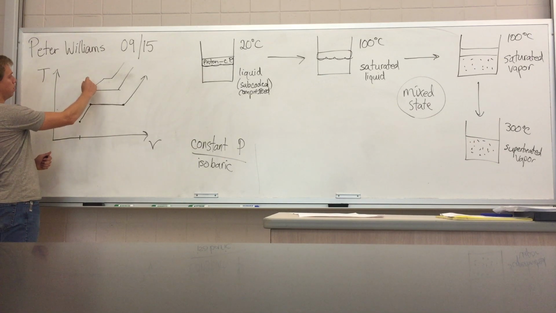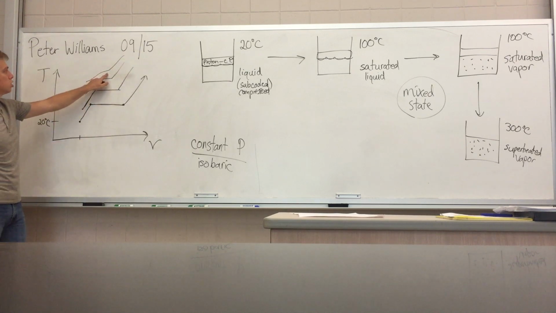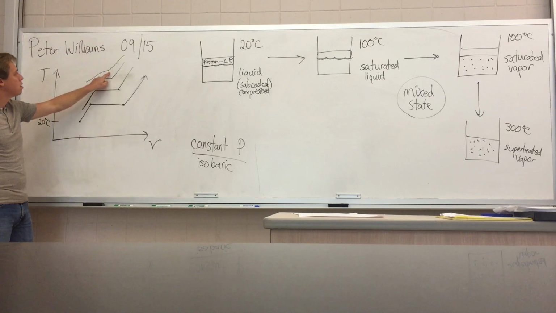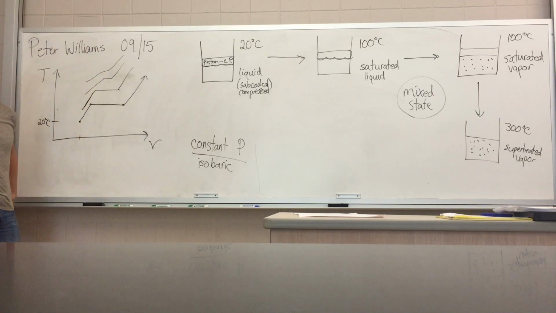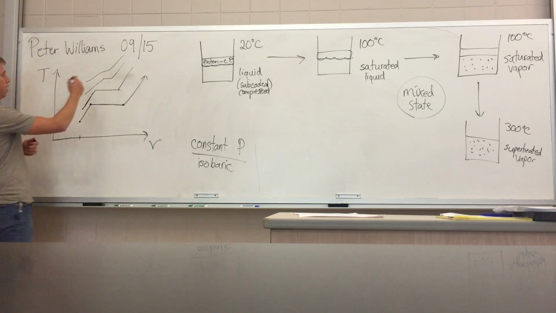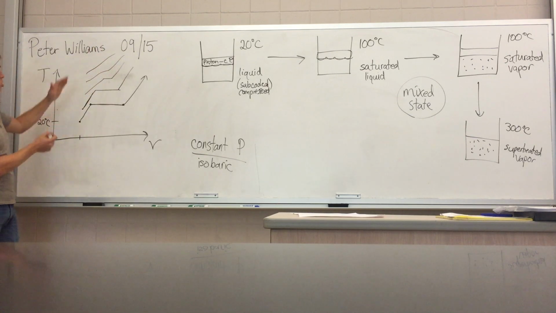Until finally we have one that comes up and just goes straight to vapor. It has no actual phase transition. There's no mixed state coming across. And then above this, all of them just look like that. They're just smooth lines without this little shelf.